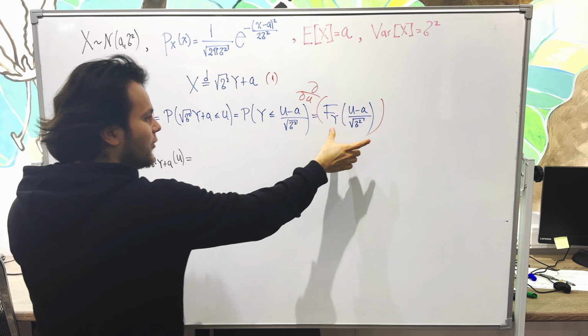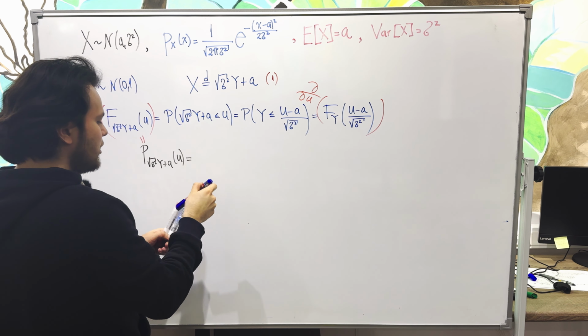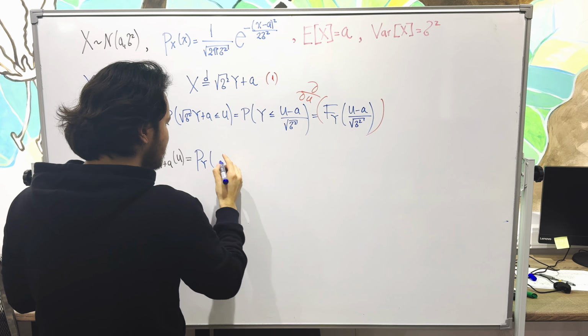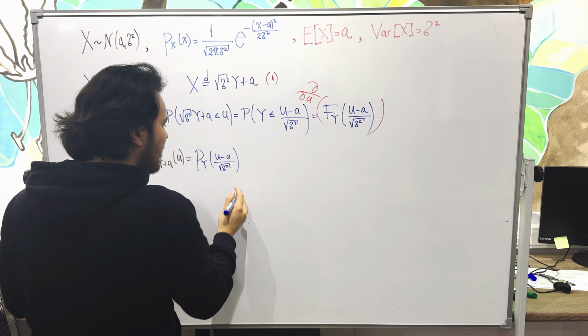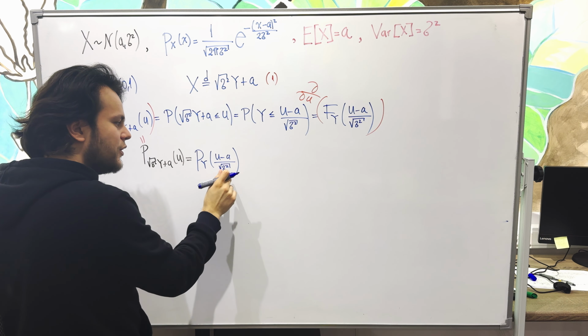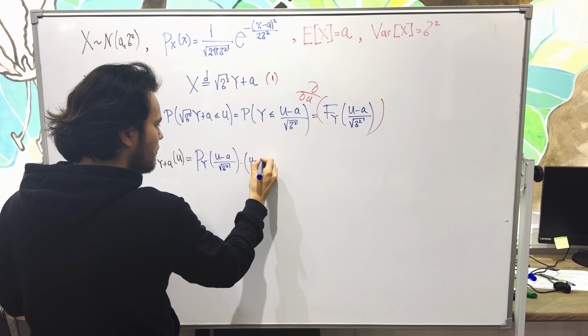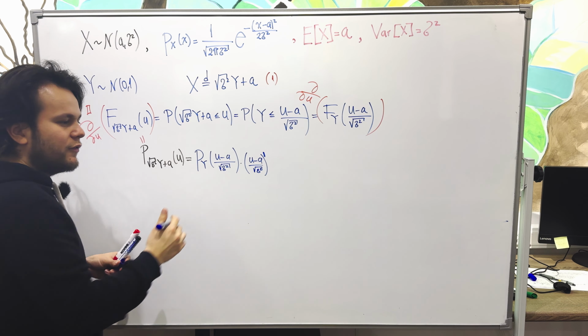So the derivative of this will be the PDF of y at the point u minus a divided by the square root of sigma squared, multiplied by the derivative of the argument of this function. So multiplied by the derivative of u minus a divided by the square root of sigma squared with respect to u, okay?